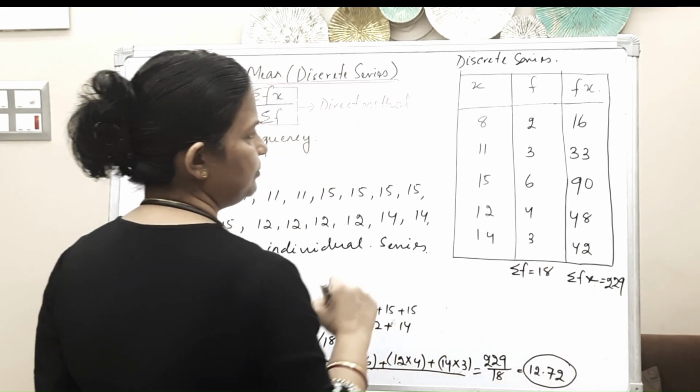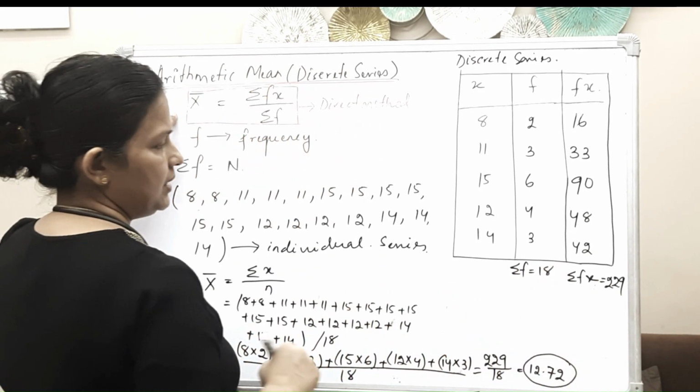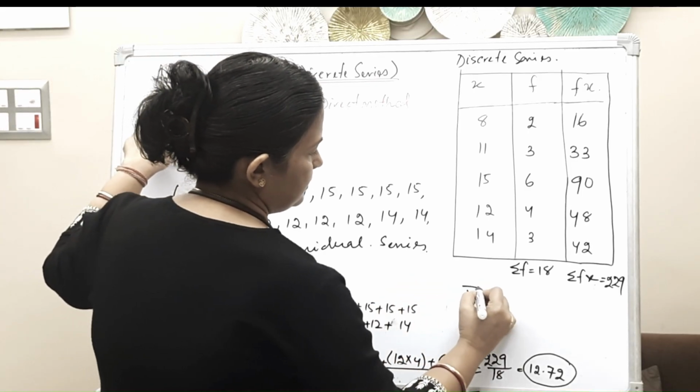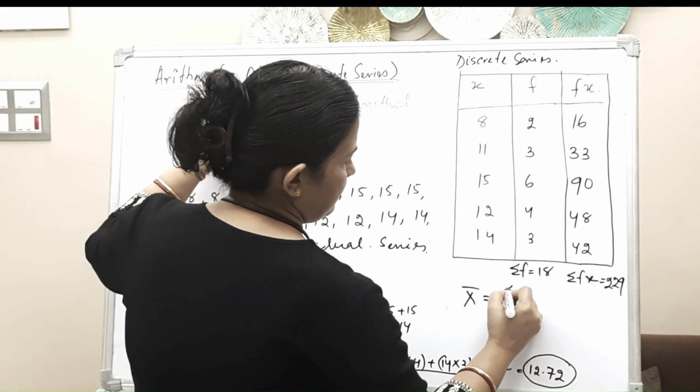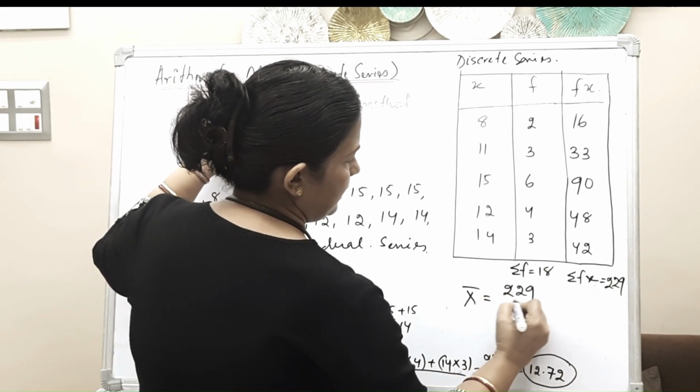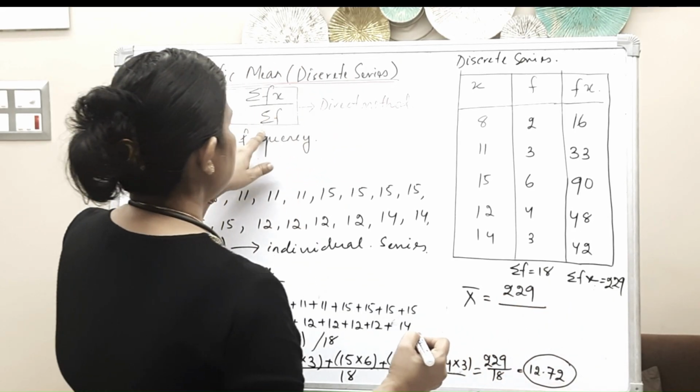Now we can put it into the formula to find x bar. So x bar equals sigma of fx divided by sigma of f.